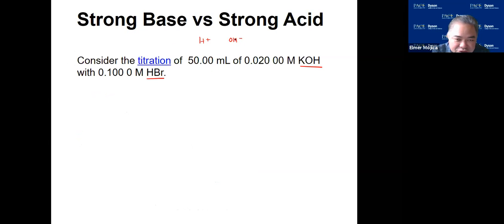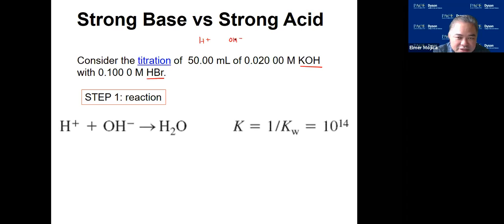So the reaction that we have, if we have a strong acid reacting with a strong base, is H plus from the strong acid and hydroxide ion from the strong base giving you H2O. If you recall, the K for this one is 1 times 10 to the 14.